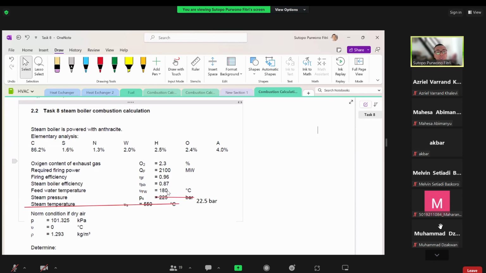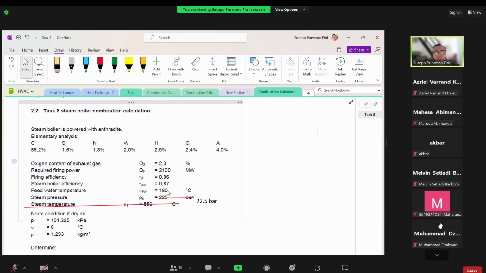So it is not exactly the boiler efficiency. This is merely about the process of combustion, from the mixing of the air and the fuel. But the boiler efficiency means the ratio between the evaporation rate to the input energy from the fuel combustion process.